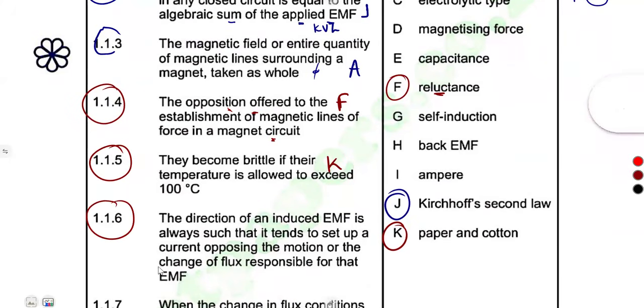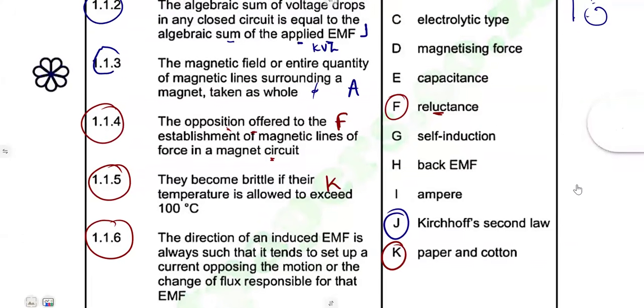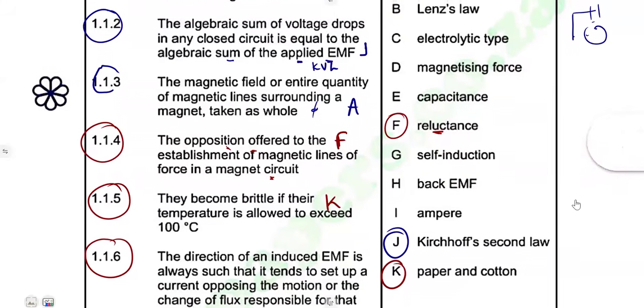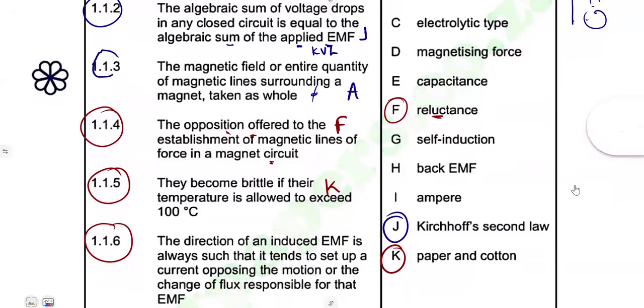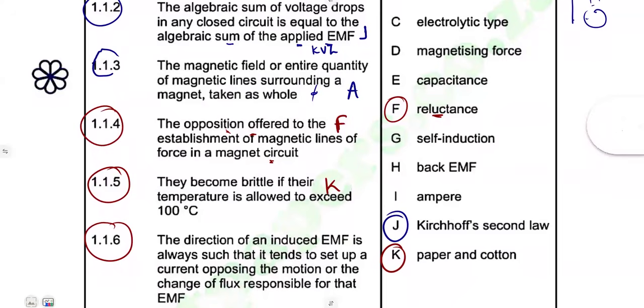And on 1.16, we are given the direction of an induced EMF is always such that it tends to set up a current opposing the motion or the change of flux responsible for that EMF.